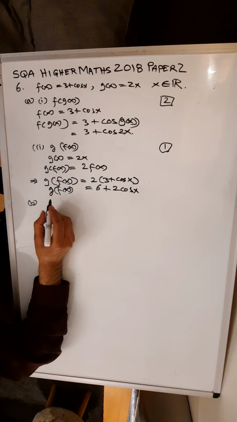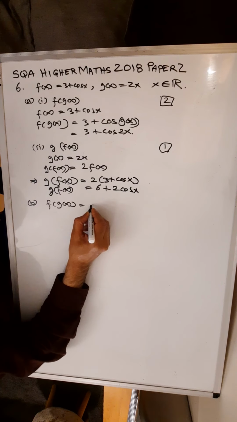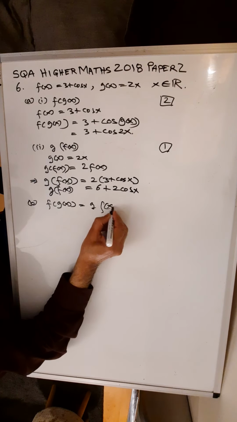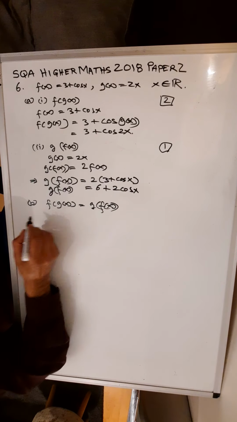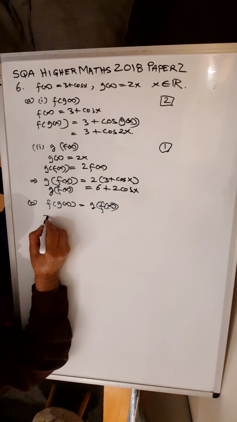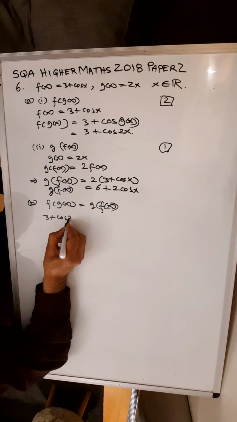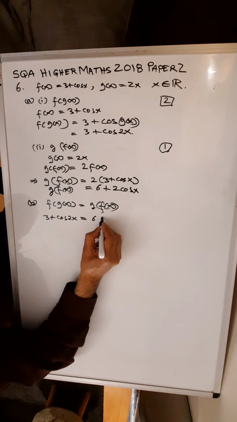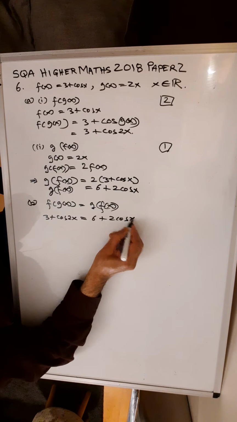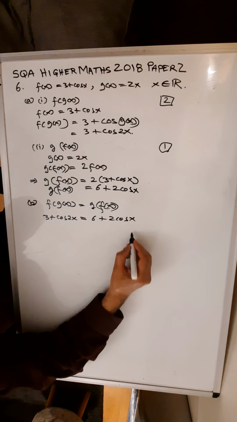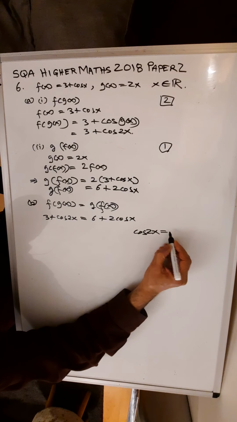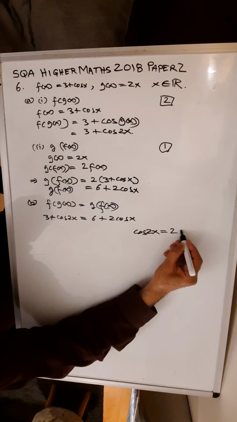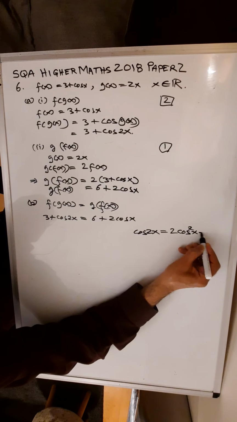There's a part b. Determine the values of x for which f of g of x is equal to g of f of x. So you've already got these in part a, so that means that 3 plus cos 2x is equal to 6 plus 2 cos x. Your double angle formula for cos 2x, you have to use the form which only has cos x in it, which is 2 cos squared x minus 1.